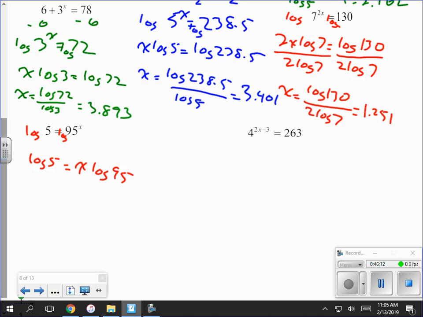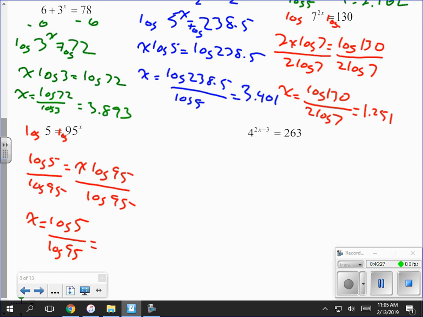No. Divide both sides by the log of 95. X equals the log of 5 divided by the log of 95. And I get 0.353.